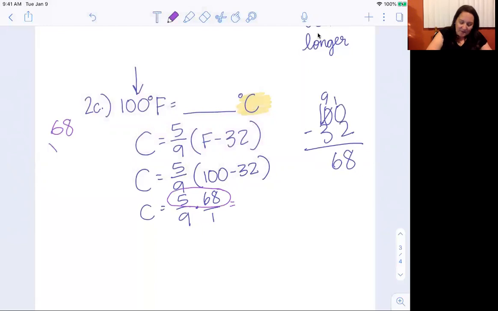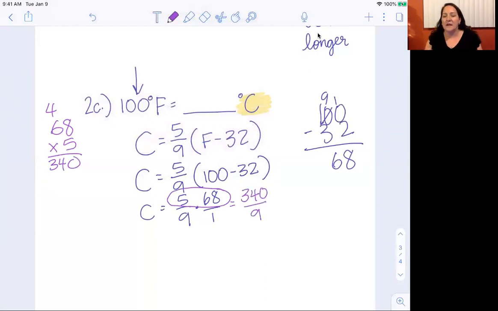So let's see what that is. 68 times 5, 340 over 9. So we multiply the numerators and then divide by the denominator. So we're going to do 340 divided by 9, because 9 is our denominator. 9 goes into 3 no times. 9 goes into 35 3 times. 9 times 3 is 27. 14 minus 7 is 7.